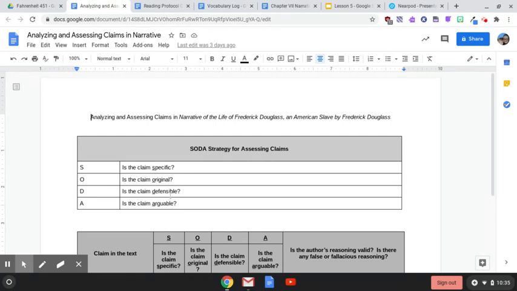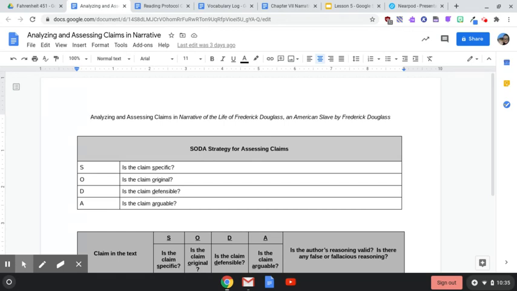If a claim is defensible, it can be supported by multiple pieces of evidence from the text. If the claim is arguable, there is another side to the claim and someone could argue against it.